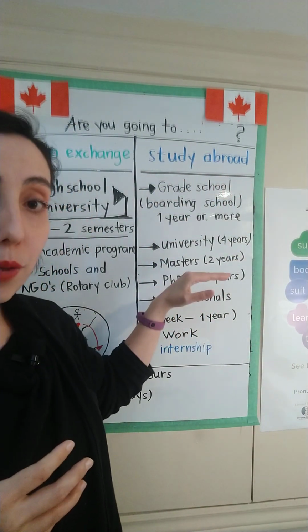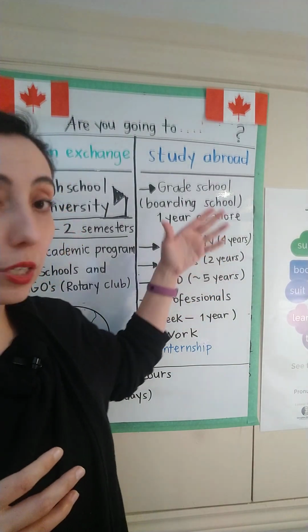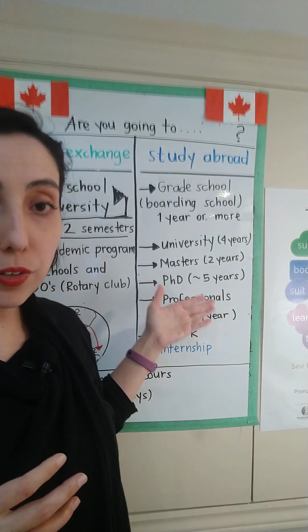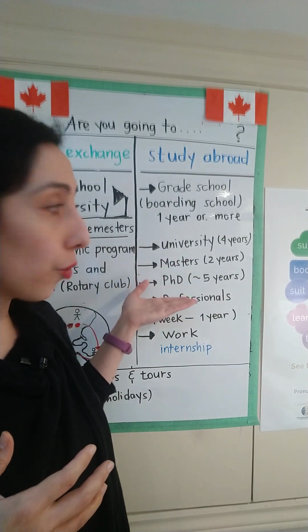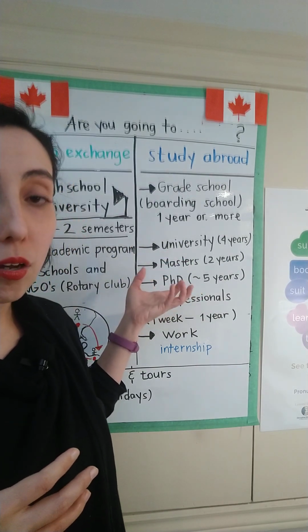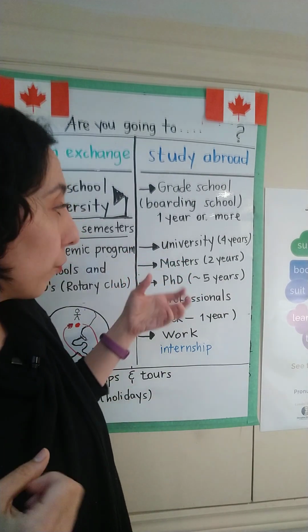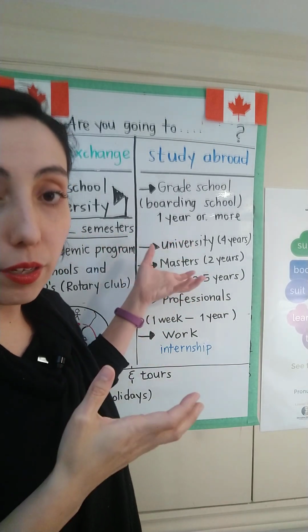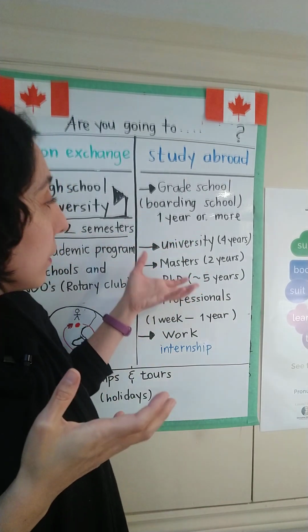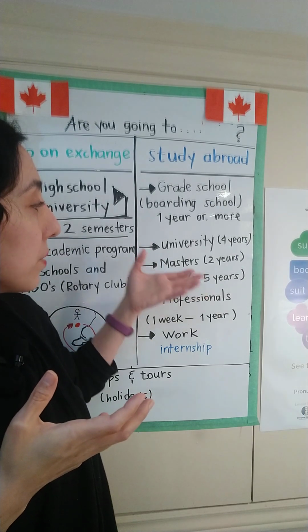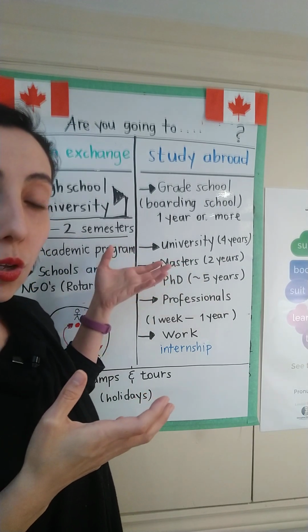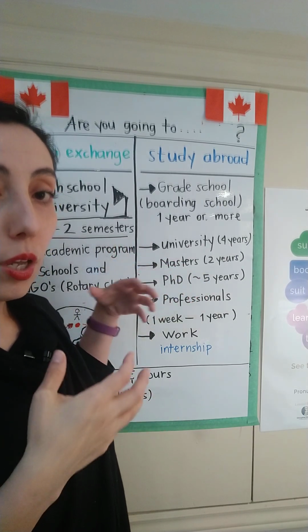These kinds of programs last from 2 years to 4 or 5 years, depending on the program and on the area of specialization that you will be studying. There are university programs, and programs for masters or PhD students.